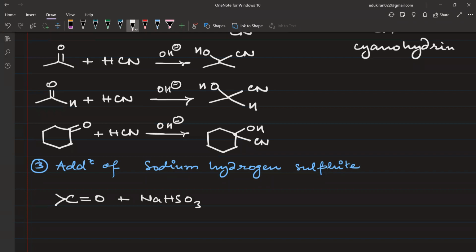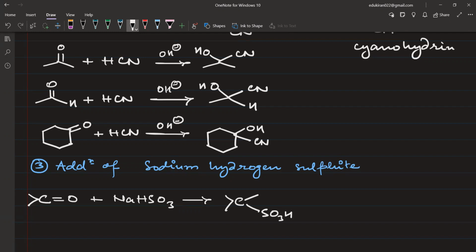Now from here we have Na plus and HSO3 negative. So in HSO3 negative, the negative charge will be on sulfur. Sulfur is going to attack on the carbon atom. So you are going to get the carbon atom as it is. You will get SO3H and ONa, instead of O negative.